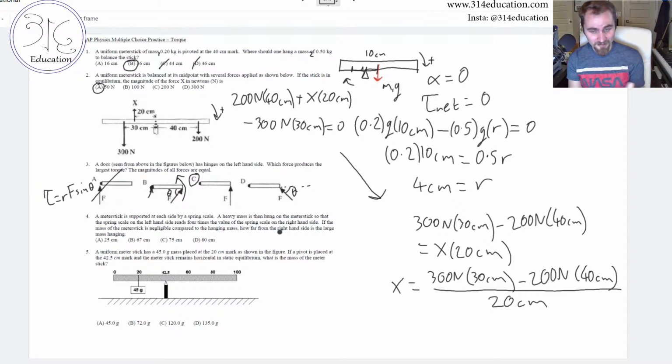So from the left edge is 20 centimeters, and we're asked how far do we hang it from the right side. Well, that's going to be 100 centimeters minus 20, because the right side is 100 centimeters away from the left side, and that is going to be 80 centimeters. So option D. Good, good.